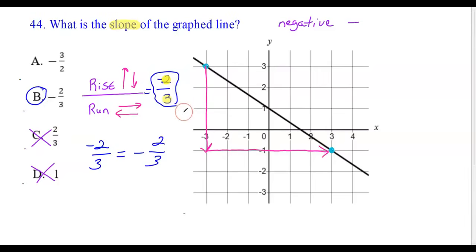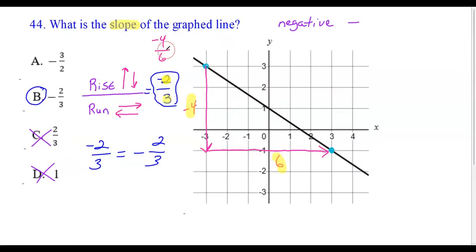So since I moved down, it's -4. And then I move to the right from here. 1, 2, 3, 4, 5, 6. It's to the right, so it's positive. So you have -4 and 6. So it's my rise, -4, over my run, 6.